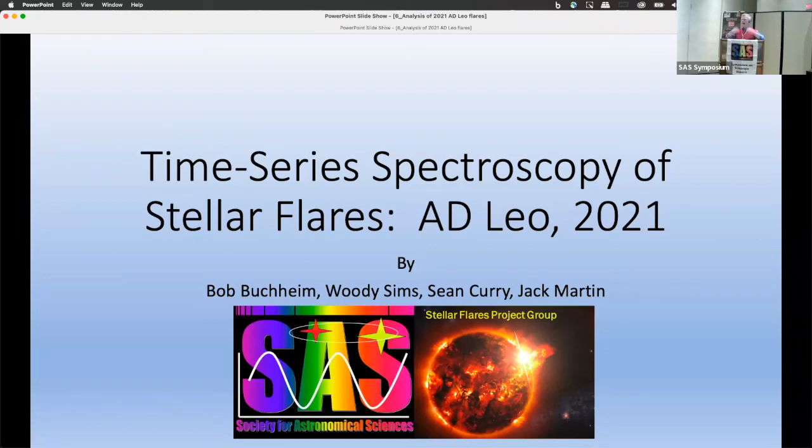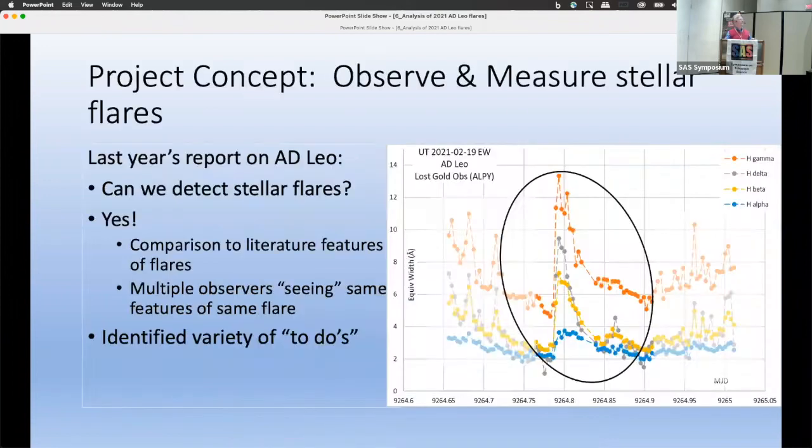We can squander our observing time however we want, whereas the professional observers are dealing with time allocation committees, and it's really difficult for them to say, I'd like to stare at this one star all night, every night for 2 months. We can collaborate, as you've seen, across continents to keep the star under more continuous observation than the professionals ever could. And so it fits into our ballpark.